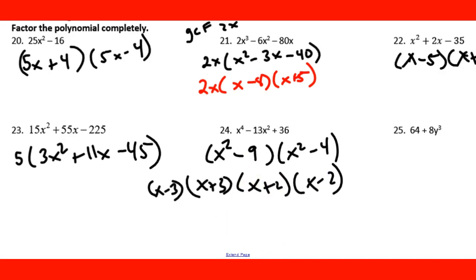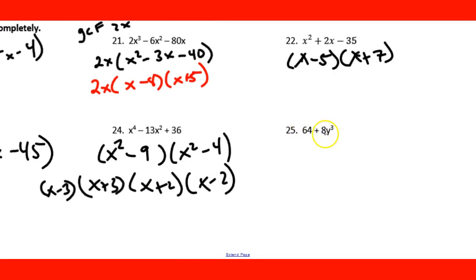And 25, we have 64 plus 8y cubed. Guys, this is a sum of cubes, so what we use is SOAP. First of all, we have to find A. We take the cube root of 64, which is 4.